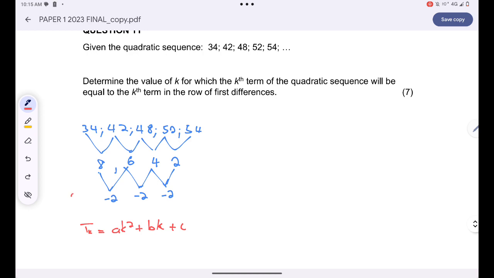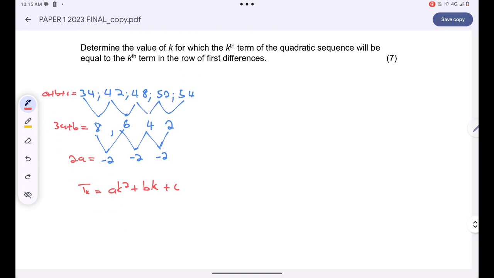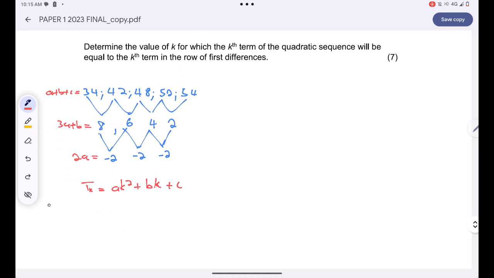I know that 2a is equal to the second difference, 3a plus b is equal to the first term of the first difference, and a plus b plus c is equal to the first term of the sequence. 2a is equal to negative 2, then a is negative 1. Let's find b. 3a plus b is equal to 8.